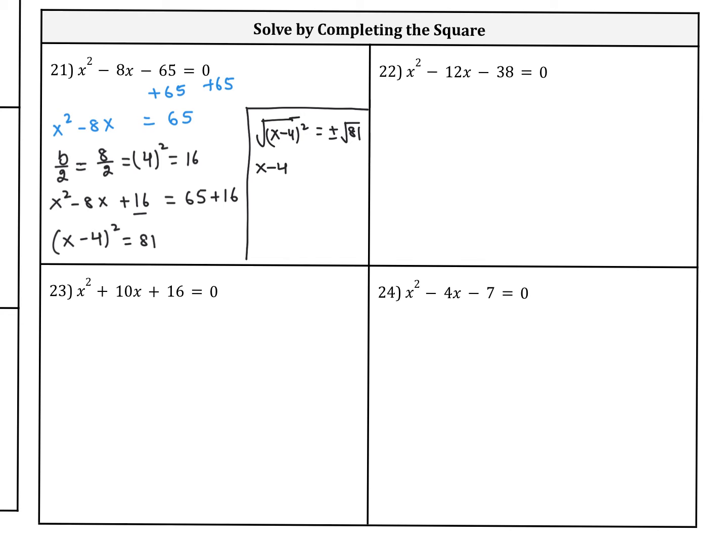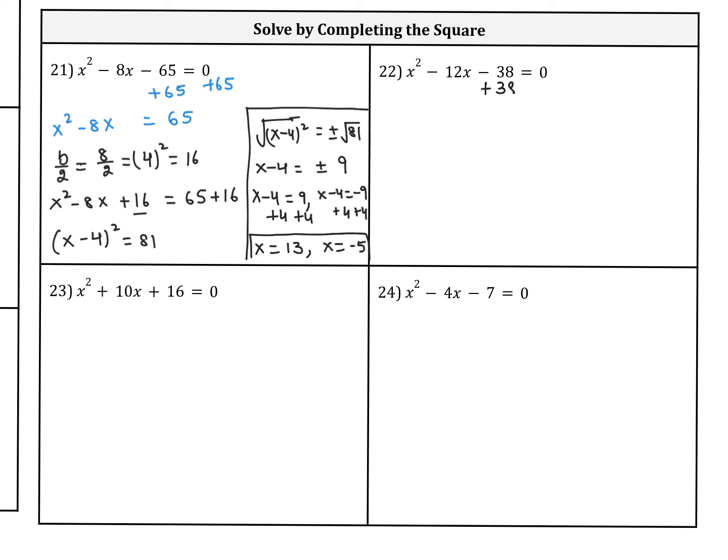X minus 4 equals plus or minus 9. So you have two equations: x minus 4 equals 9 and x minus 4 equals negative 9. To solve, add 4 on both sides. X equals 13 and x equals negative 5. That's your answer.